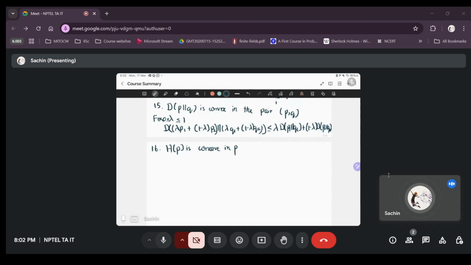Log L is constant, so minus D(p parallel u) is concave because D(p parallel u) is convex. Therefore, H(p) is concave. Or you can just look at the binary entropy function's graph and you can see that it is concave.